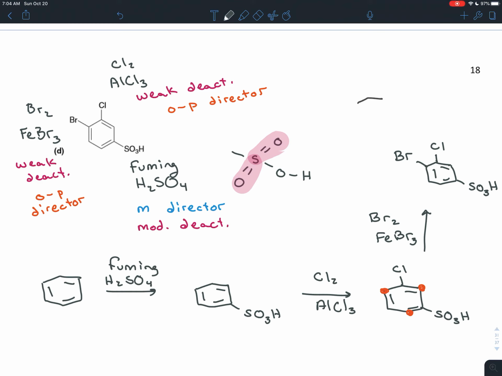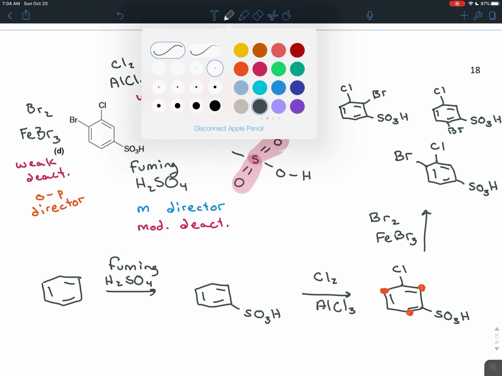Now it's true you'd also get a very small amount of the other ortho product and also of the para product, but you can see bromine is a really big atom.